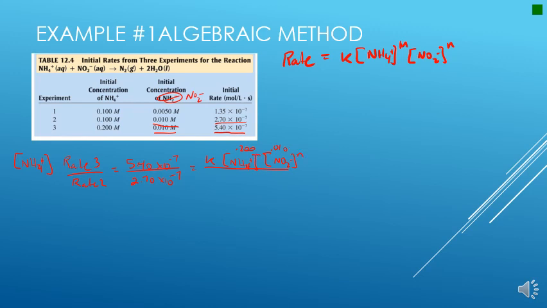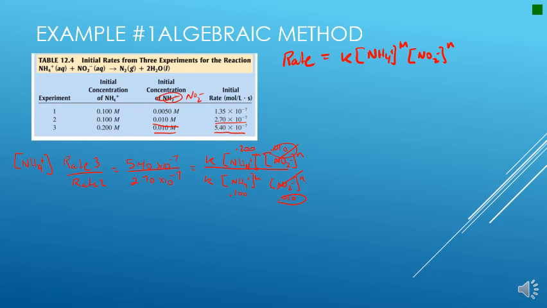I'm going to raise those to the M and the N powers. And then for rate from experiment 2, again, we had the K value, we had the concentration of the NH4 raised to the M, and that is 0.100, and then we have the NO2 minus, and that is 0.010 raised to the N. So since I have 0.010 raised to the N for each of these, they will cancel off. That's the importance of having them held constant.